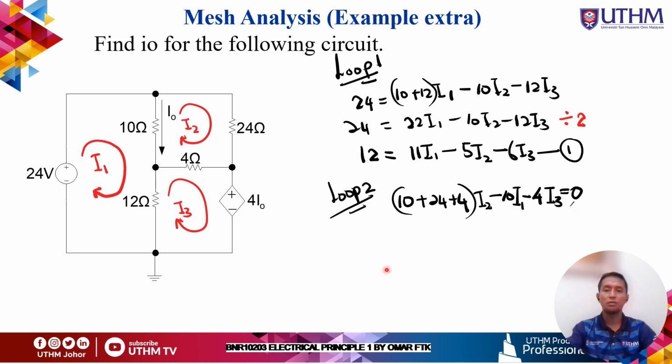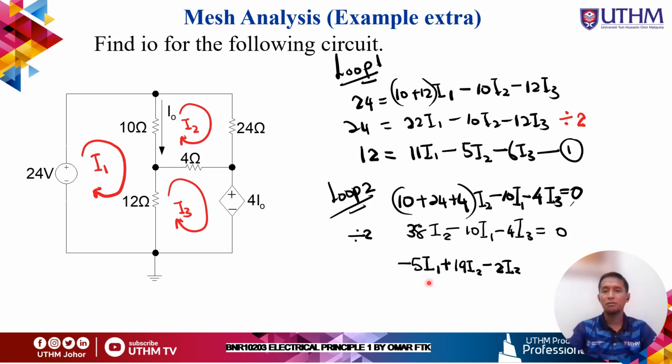So then from that you can simplify the equation to get 38 I2 minus 10 I1 minus 4 I3, and that equals 0. So then you can rearrange back to make I1 first and then I2 and then I3. Okay? So then you will get negative 5 I1 plus 19 I2 minus 2 I3, and that equals 0.